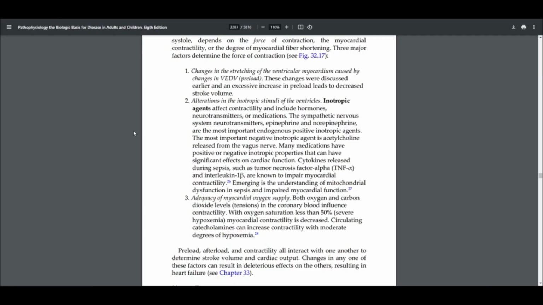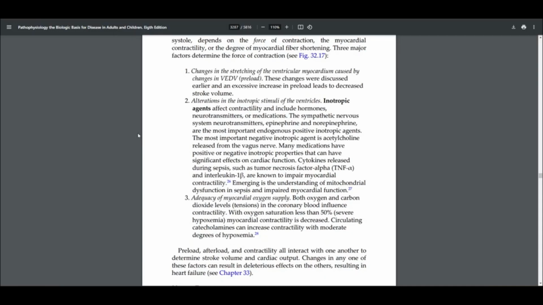The most important negative inotropic agent is acetylcholine, released from the vagus nerve. Many medications have positive or negative inotropic properties that can have significant effects on cardiac function. Cytokines released during sepsis, such as tumor necrosis factor alpha and interleukin-1 beta, are known to impair myocardial contractility.